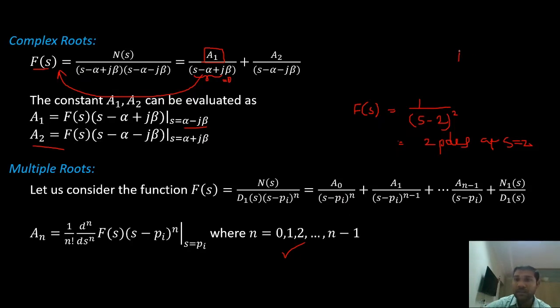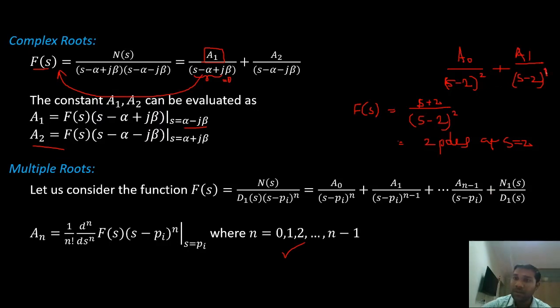in this case, let us say s minus 2, right? So I'll write this as a naught divided by s minus 2 whole square. So I'll write this as a naught by s minus 2 whole square plus a1 by s minus 2 whole power 1 and so on, right?